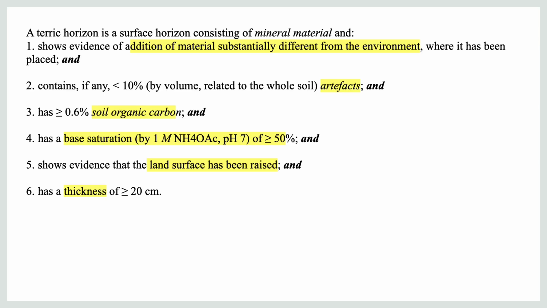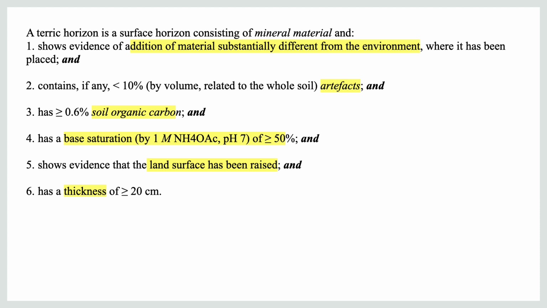So again, to identify the terric horizon, you should register any evidence that expresses the addition of material from the surroundings. You can see some artifacts, materials that express human action. You should register a minimum content of organic matter equal or higher than 0.6%.